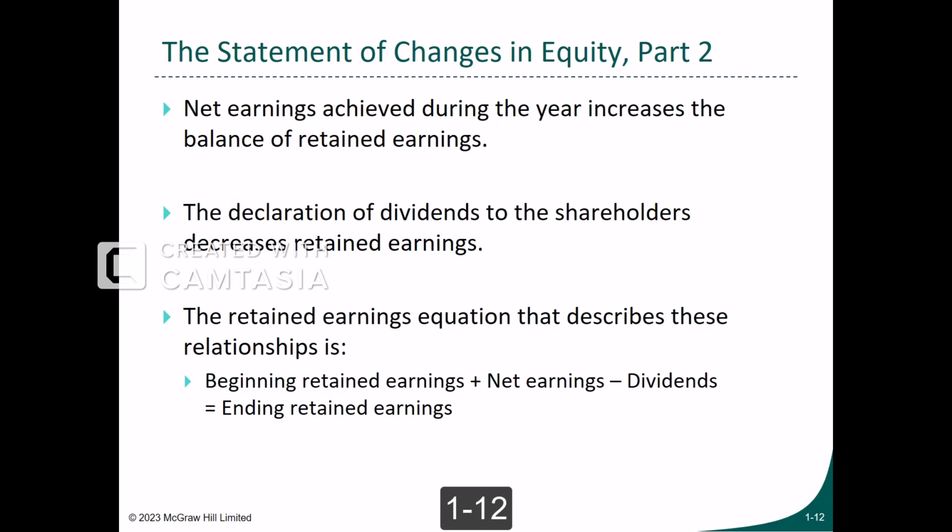So that would be 1,200,000 minus 50,000, so that would be 1,150,000. Yeah, 1 million plus 200,000 for the profit minus 50,000 is 1,150,000. That is the ending balance. This is what the statement of change of equity shows.